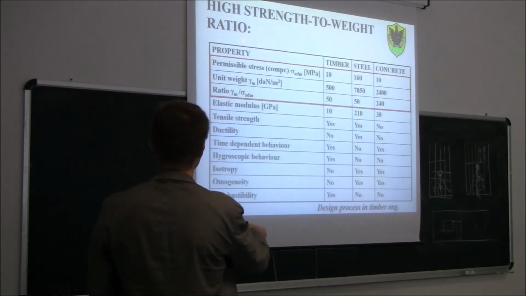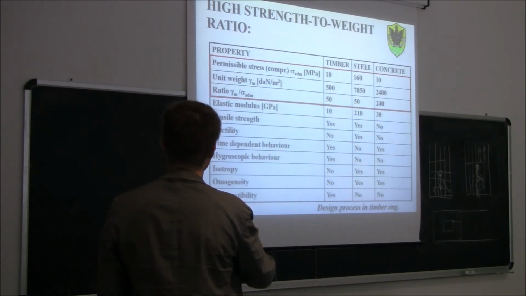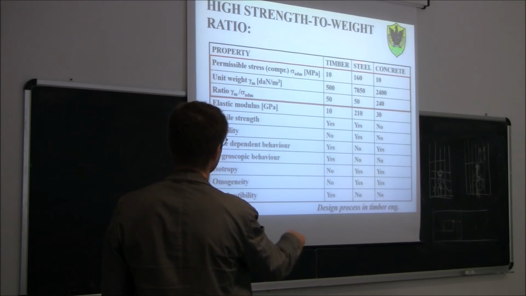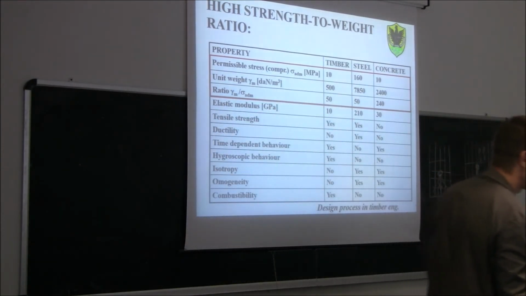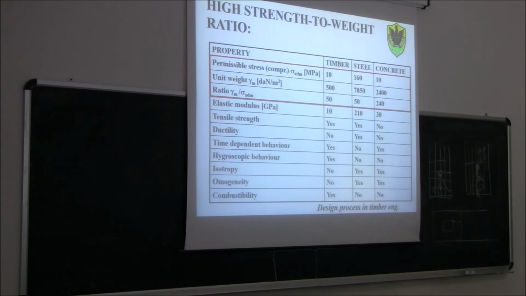Now let's check some of these properties and do a comparison between timber and the other two materials that we know better, concrete and steel. We do a comparison considering different properties. The first property is what we are calling the permissible stress.